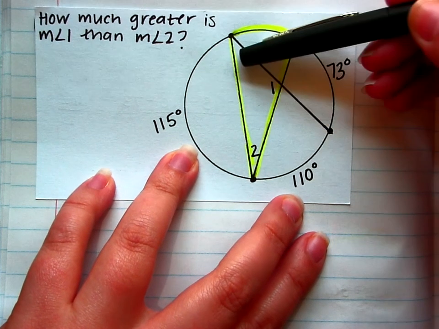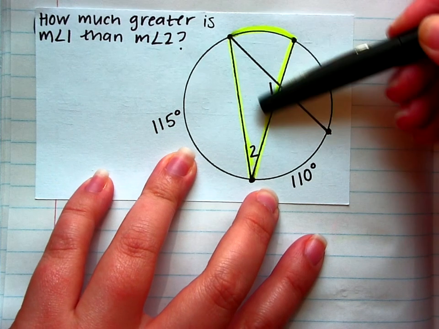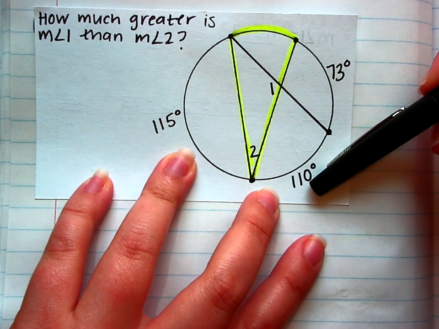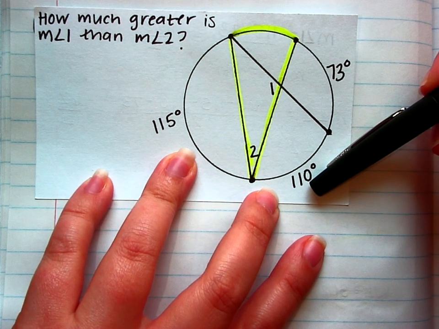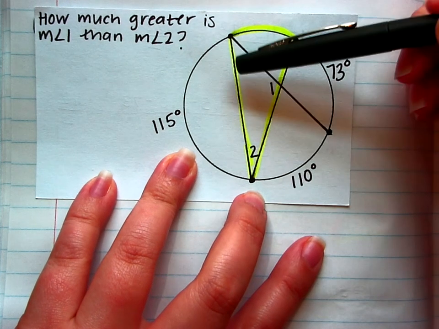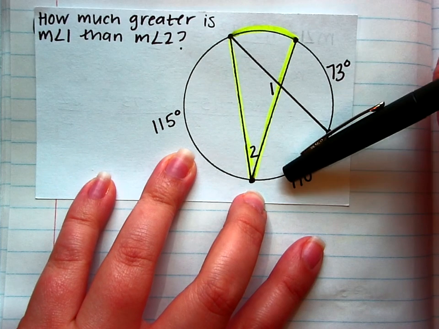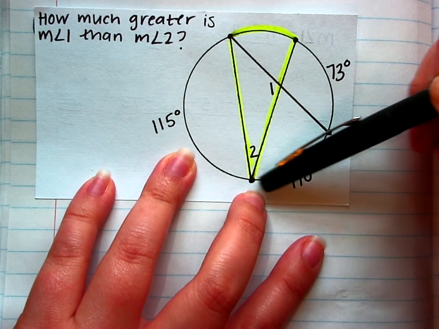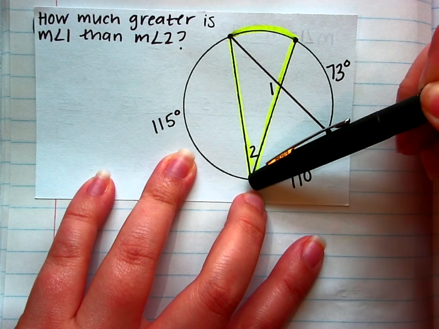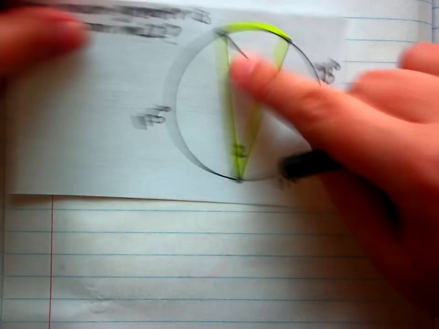And I can figure out that angle because it is inscribed, and it opens up to 110 degrees on the arc. The arc it opens up to is 110. So this angle is going to be half of its arc. So now we know that this angle is 55 degrees, half of 110.